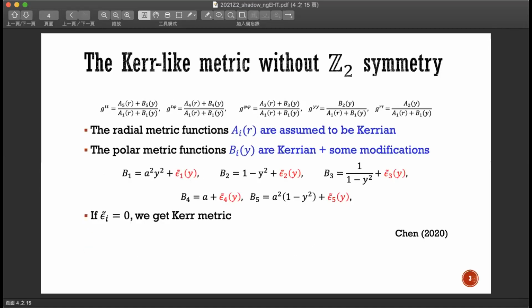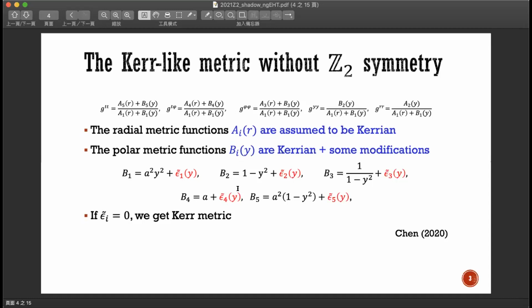As I said, in this work I want to focus on the violation of Z2 symmetry, so I will only change the parametric functions B. This means that I will fix all the radial metric functions A to be given by the Kerr expressions. But for the parametric functions B, I will put some arbitrary small deviation functions epsilon on top of their Kerr expressions, as you can see here.